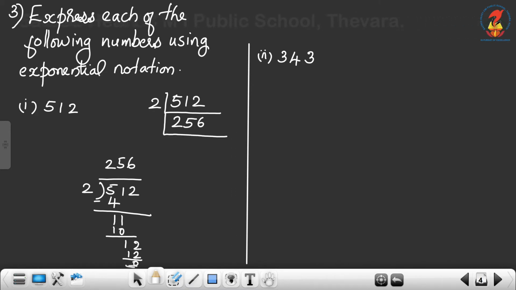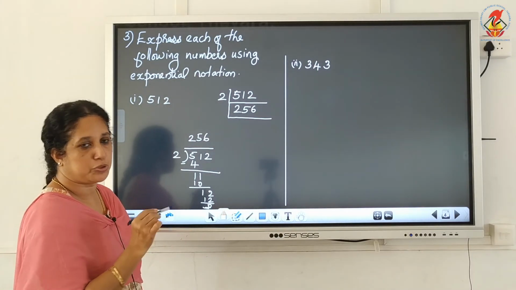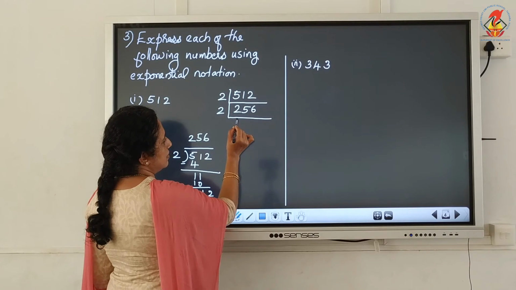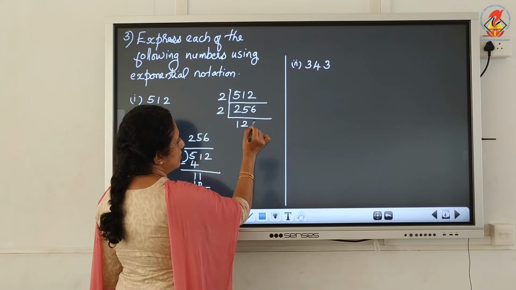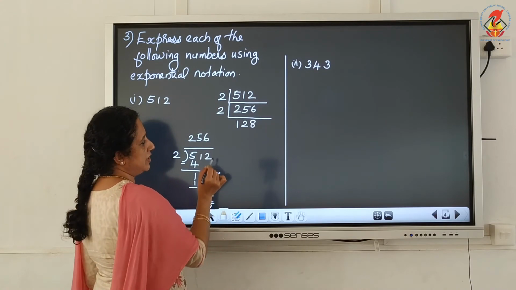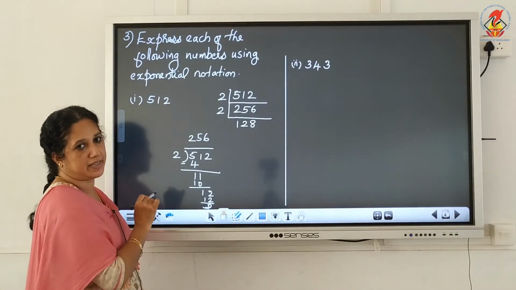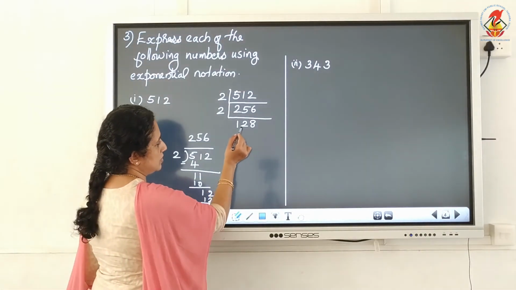Then again 256 we can divide it by 2. 1 time, then 2 2s are 4, 8, 128. If you are not getting the quotient, what you have to do? You have to do the division separately. 256 divided by 2. Then write down the quotient.